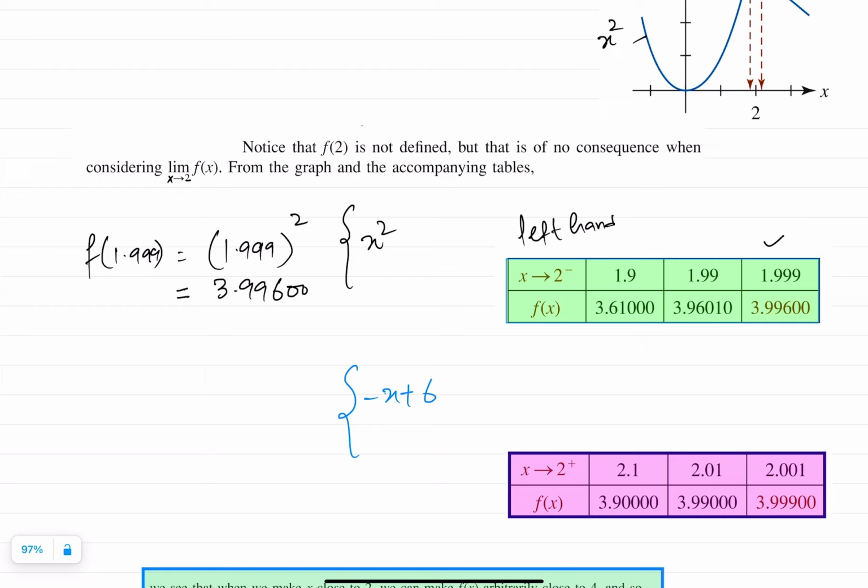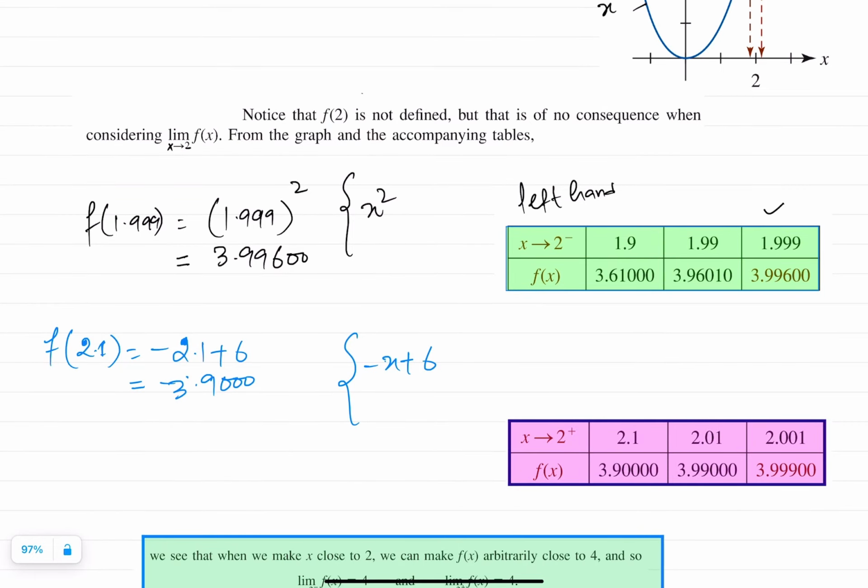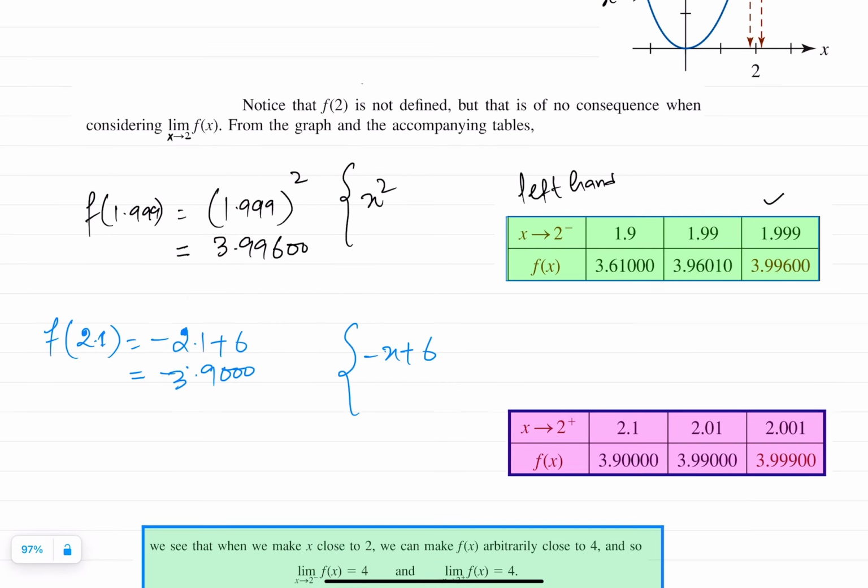If I take 2.1, I substitute the value in -x plus 6, and computing it gives 3.9000. Similarly, we can take 2.01 and 2.001, and observing this, we found that from the left hand side and right hand side, the values are getting closer to a number that is equal to 4.